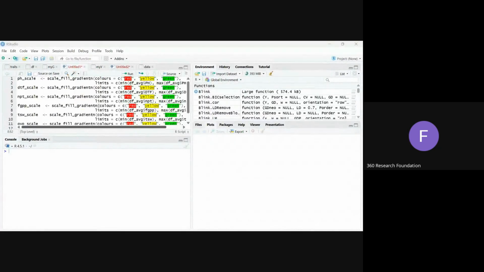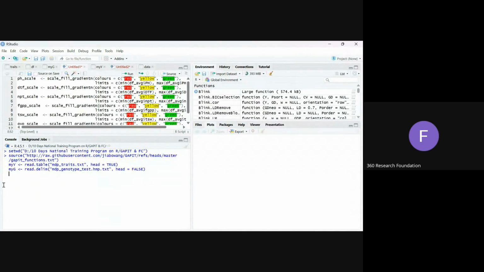So generally, how many traits will we consider?